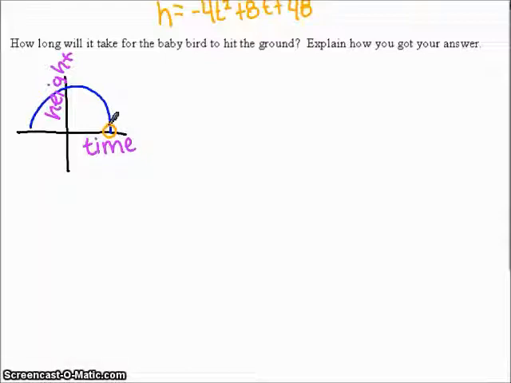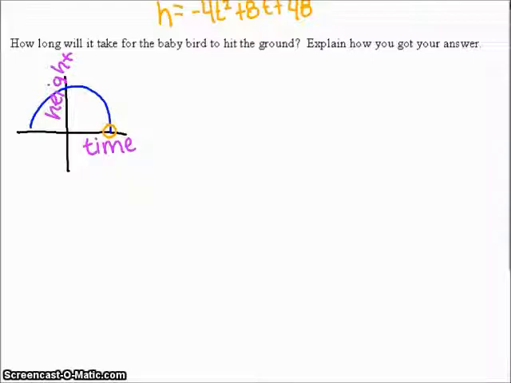So the first thing that I would do is look at this equation up here to see if I could factor it. Well, I know that I cannot factor this because there are no common factors of 48 that will give me the middle term, which is 8.